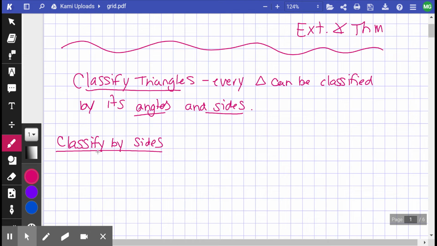If you know that you have three congruent sides or three equal sides, then we would say that that is an equilateral triangle. And let's just draw a picture of that as well. So equilateral.